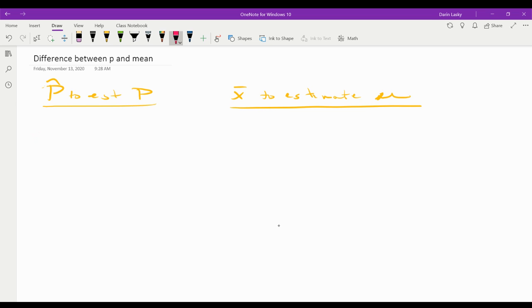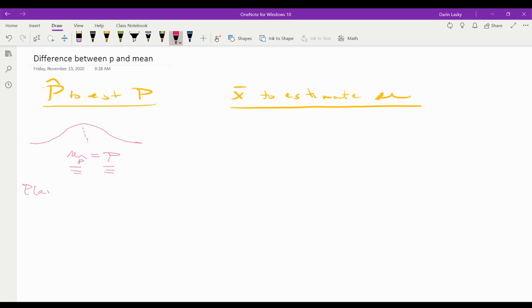So just a quick reminder: when we get a sampling distribution of the sample statistic, we get this idea that the mean, mu of p hat, is equal to p. We're using this to estimate the value of p, and to do that, we have to have some conditions.